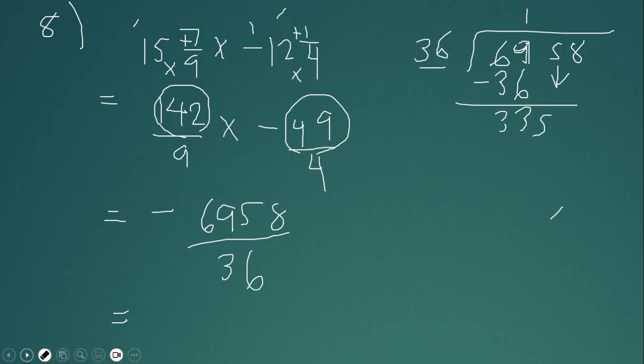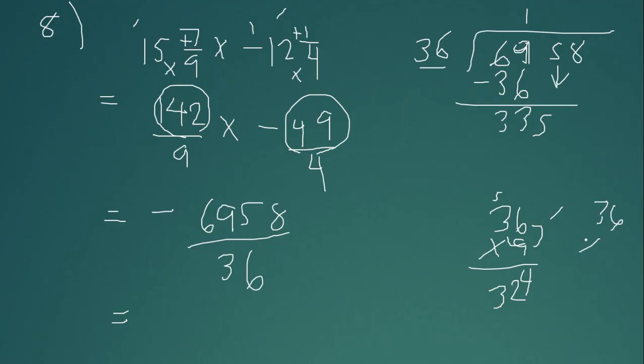How many 36 is 335? Kailangan natin na mag-try. Example 36 times 9. Check natin. 9 times 6 is 54. 9 times 3 is 27. Plus 5, 32. Okay, how about 36 times 10?